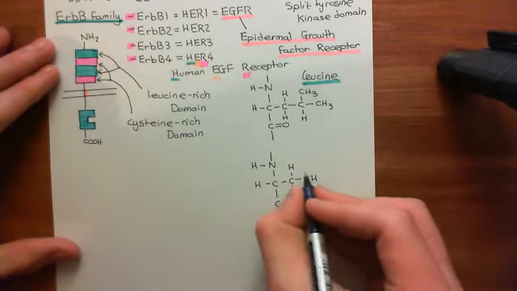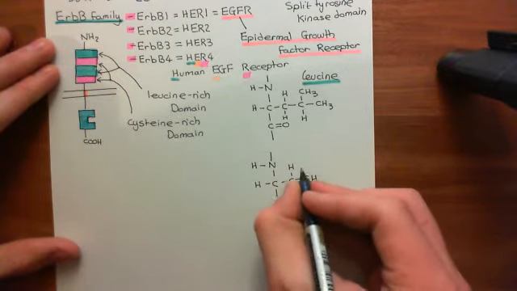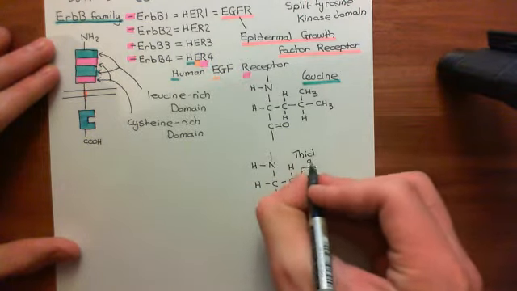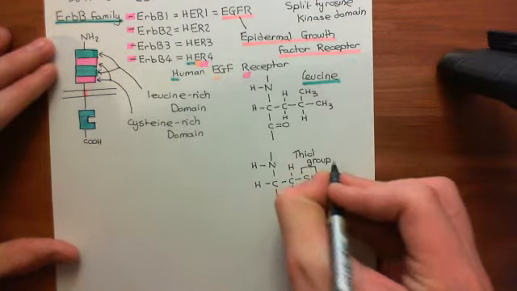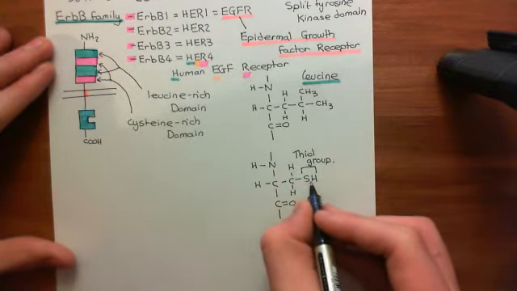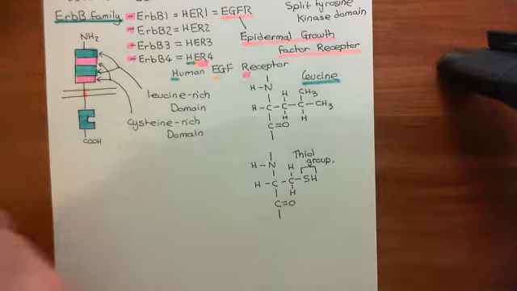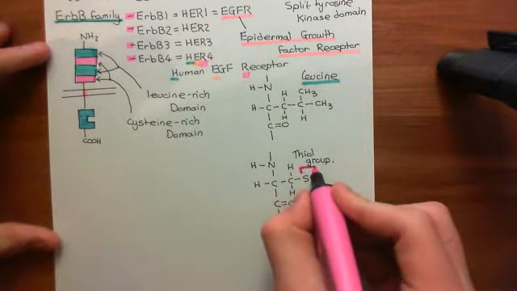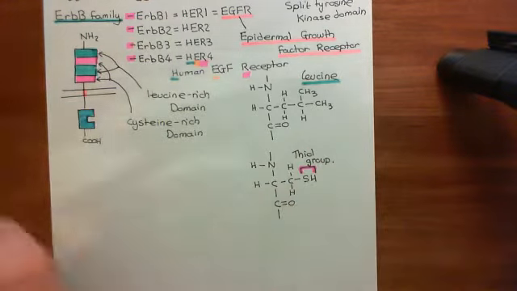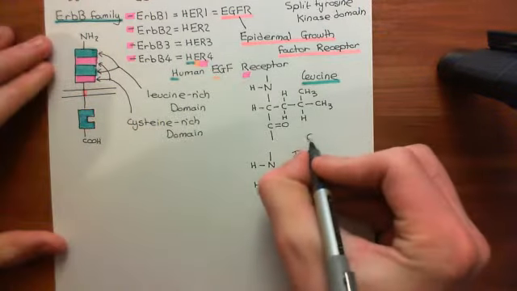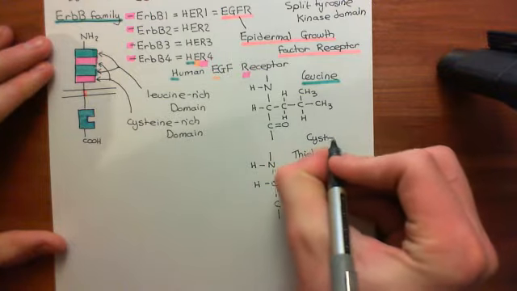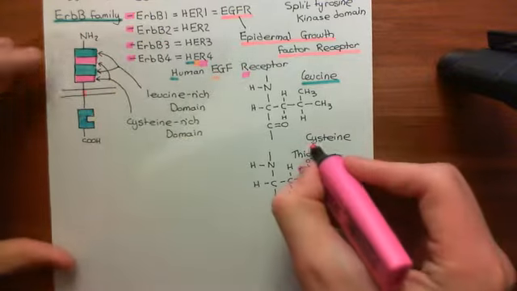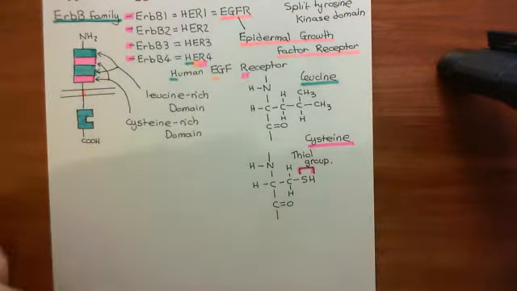So this group here, where you have a sulfur atom bound to a hydrogen atom, is called a thiol group, and it has similar chemical properties to alcohol groups, because sulfur is in the same group of the periodic table as oxygen. Clearly if that sulfur was an oxygen, that would be an alcohol group. Since sulfur is in the same group of the periodic table as oxygen, it has similar chemical properties to oxygen, and therefore the thiol group is going to have similar chemical properties to the alcohol group. Okay, so this is cysteine.